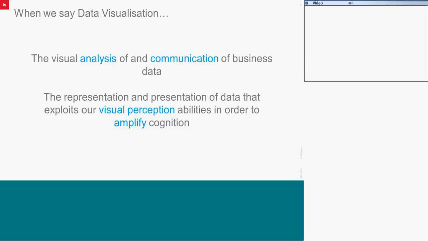So as a developer in business intelligence, we should really use those shortcuts and present the data to our users in the simplest way, using those shortcuts to make it as clear and amplify their understanding as much as possible. Throughout this webinar, I'll be mentioning some of those shortcuts and what we can do to make it as quick and easy as possible for users to understand their data.